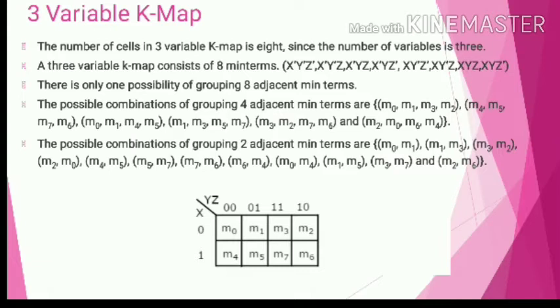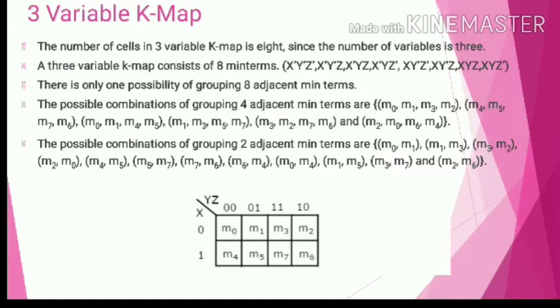So m0 is x dash, y dash, z dash, that is 0 0 0. Similarly m1 is 0 0 1, so x dash, y dash, z. m3 is 0 1 1, so x dash, y, z. m2 is 0 1 0, x dash, y, z dash.